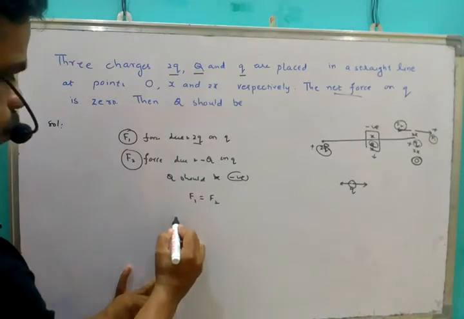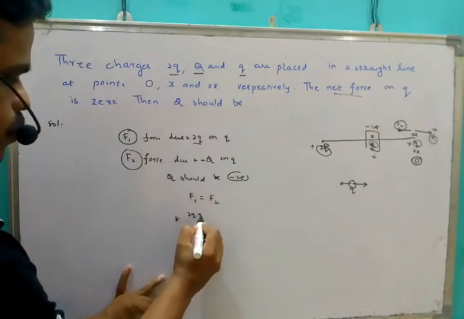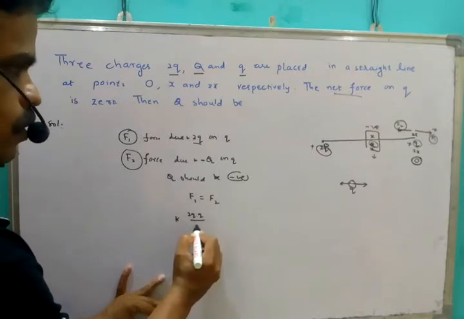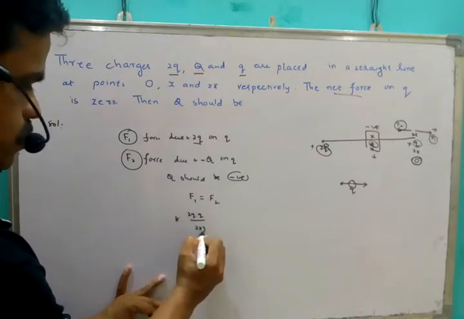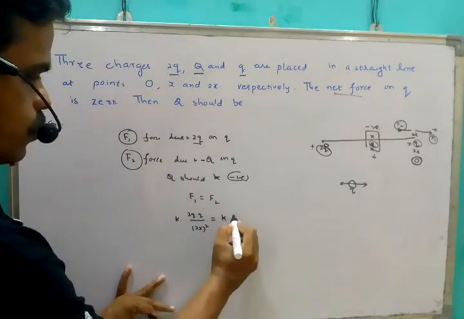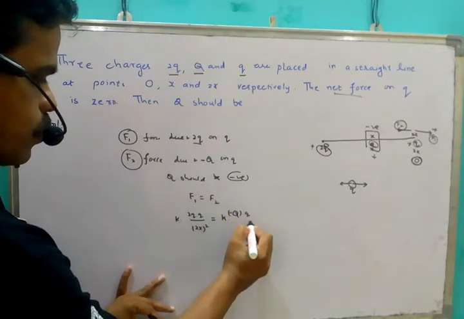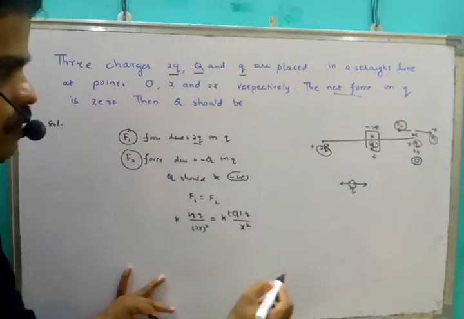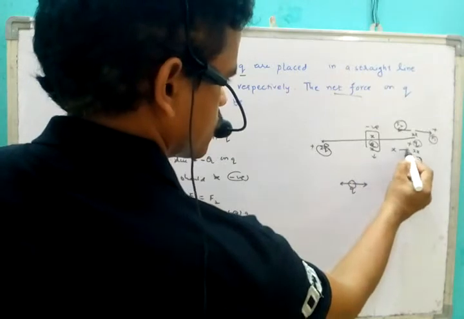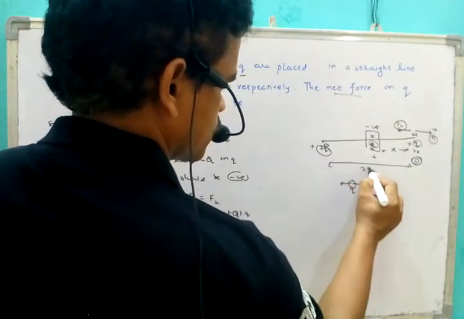So now K into 2q into q by (2x) whole square equals K into Q into q by x square, with Q negative. The distance between the small q and capital Q is x, and from the origin it is 2x.